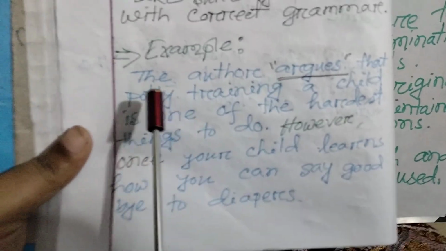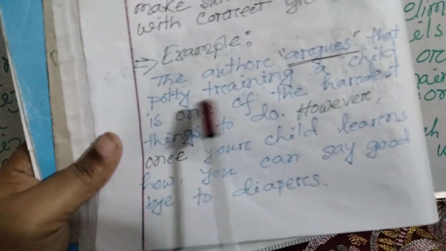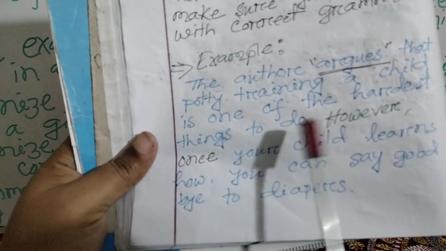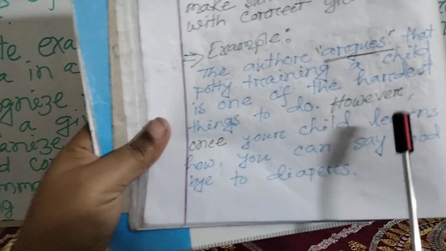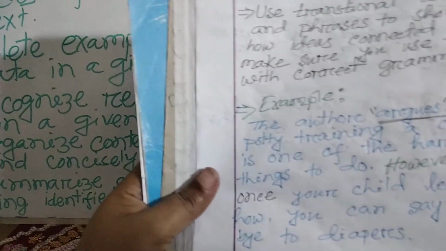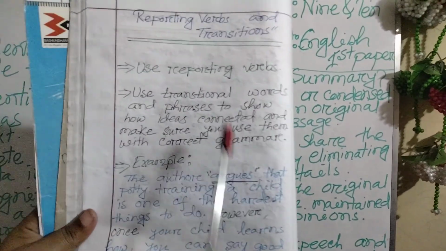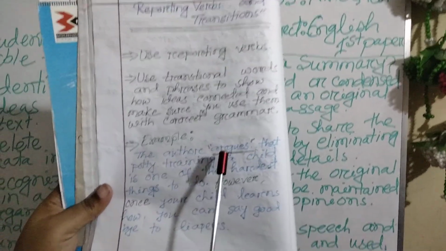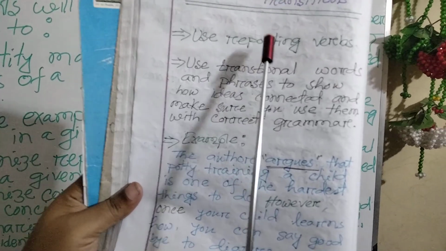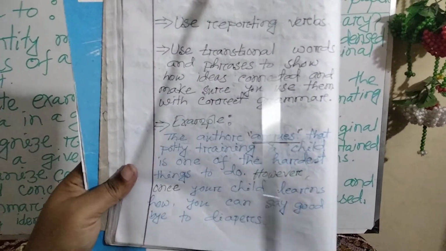So look at this. The author argues that potty training a child is one of the hardest things to do. However, once your child learns, you can say goodbye to diapers. So here "argues" is the reporting verb, and here "however" is the transition.